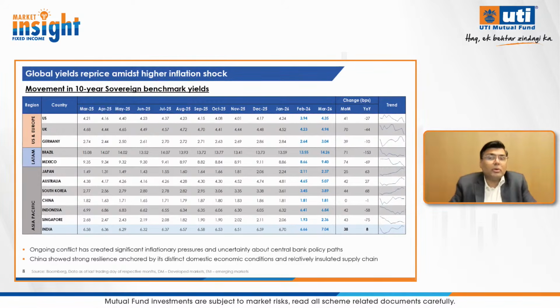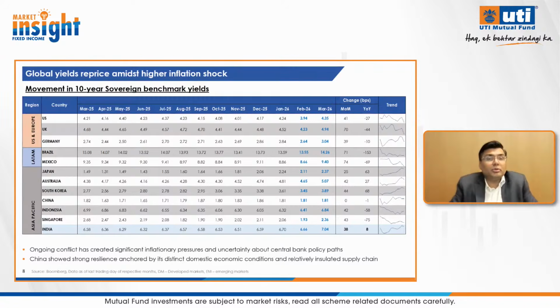How things have changed in just 1 month, we are seeing a significant spike in bond yields across the world, with the exception of China, which we'll come to. But broadly, like we were discussing, because of the supply side shocks, whether on crude or other derivatives, the inflation expectations have increased in the rest of the world, and that's why there are expectations that some of the central banks which were looking to cut, for example, the Federal Reserve, may start looking to hike at some point of time.